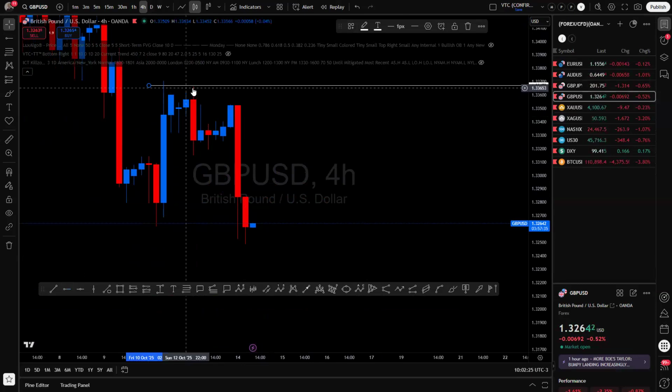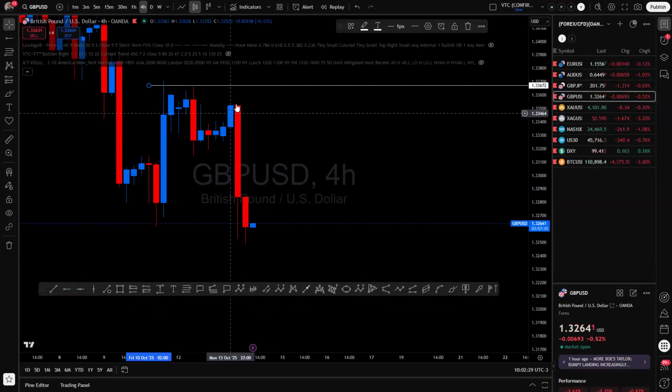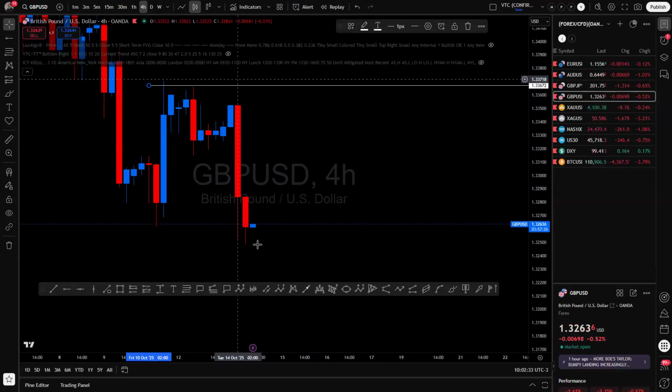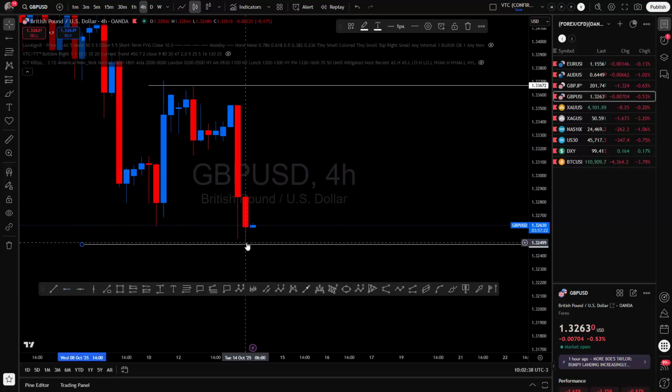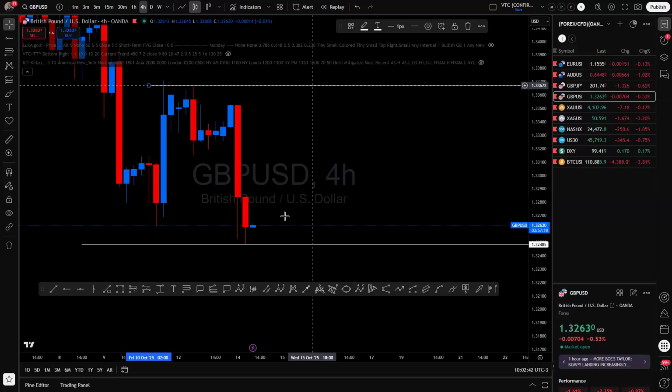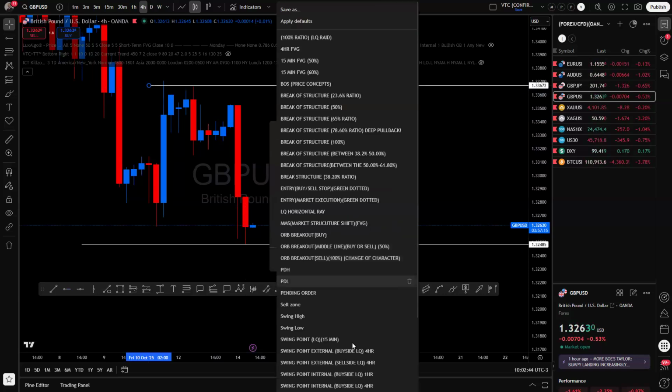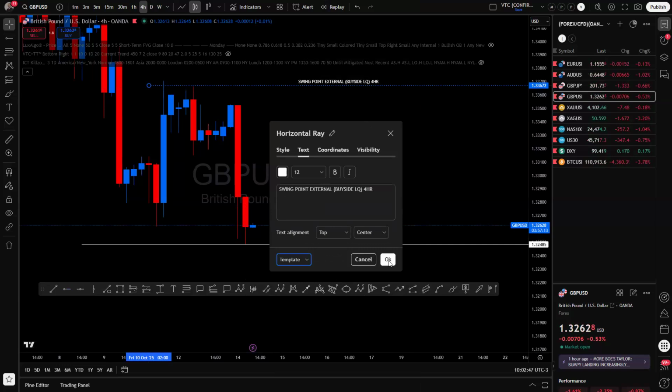The wick wiped out this previous high, and it looks like we had a fair value gap closed here. Then price traded in this area and dipped all the way down to this liquidity down here, where this low wiped out the previous low. So let's mark this out. This is buy side liquidity here, and sell side liquidity here.